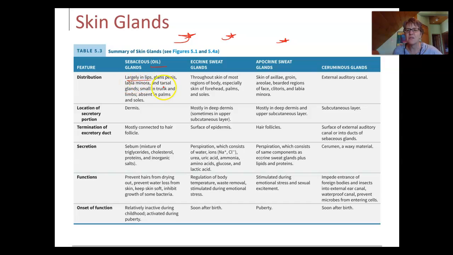I find that very weird. Mostly connected to hair follicles. You don't have hairs in your lips. Okay. I'm struggling with this distribution because I don't know of that. I agree with it. Okay.